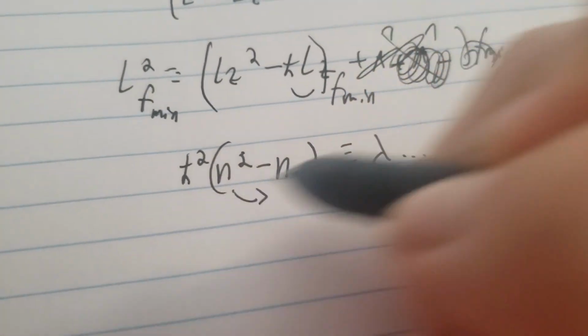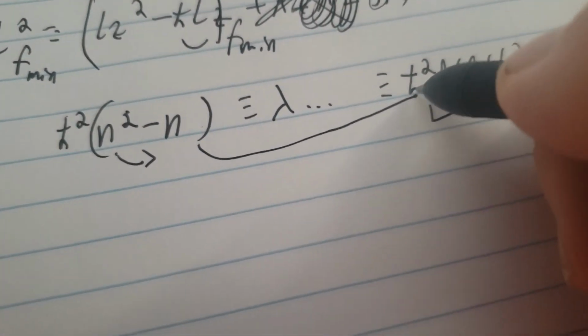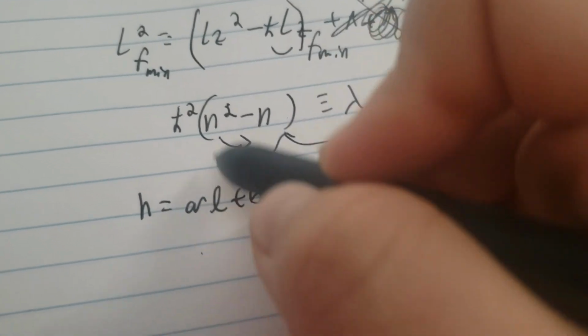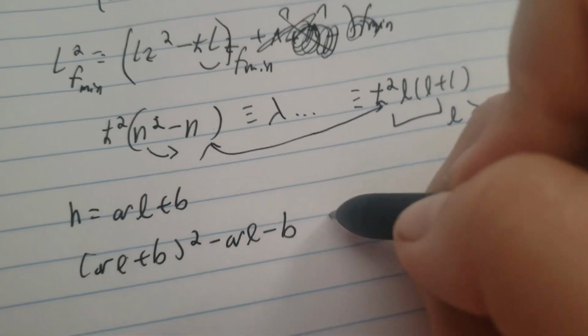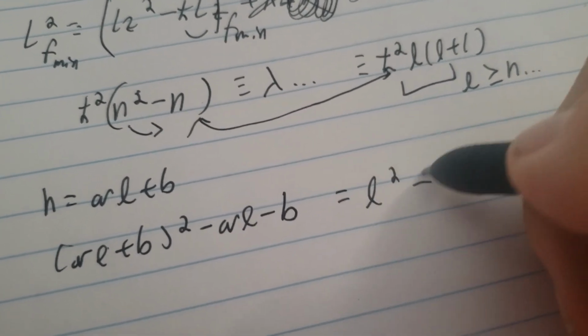So let's say that, well, these have to be equivalent to each other. So let's say that n is equal to some a times l plus b. And that's just n times n minus 1. So (al plus b) squared minus (al plus b) must equal l squared plus l.